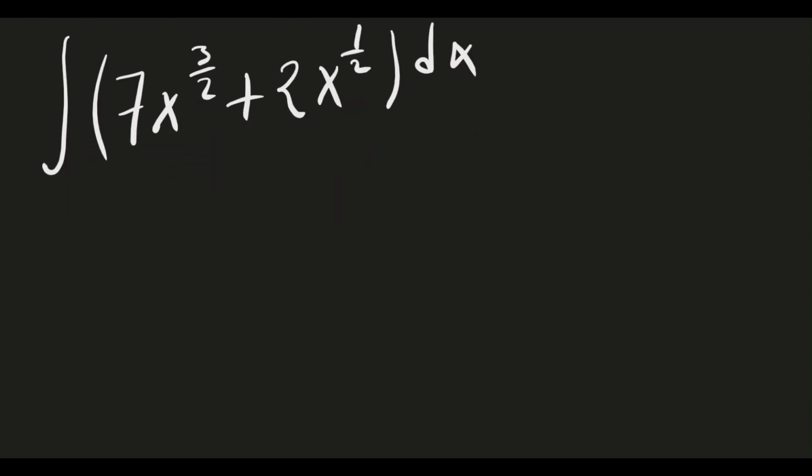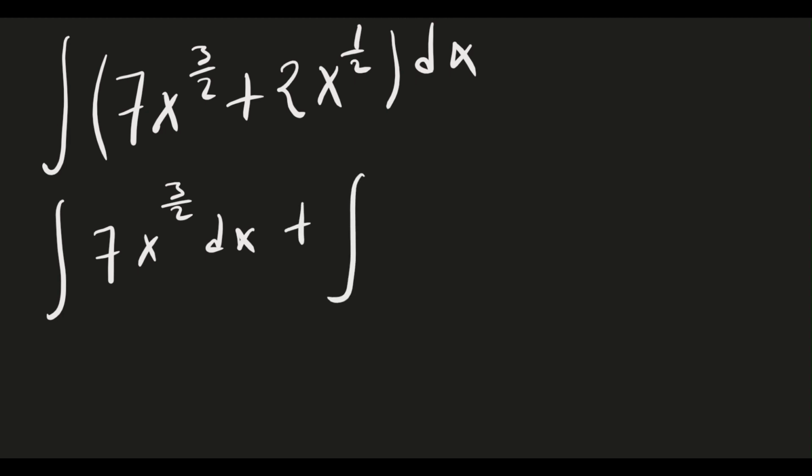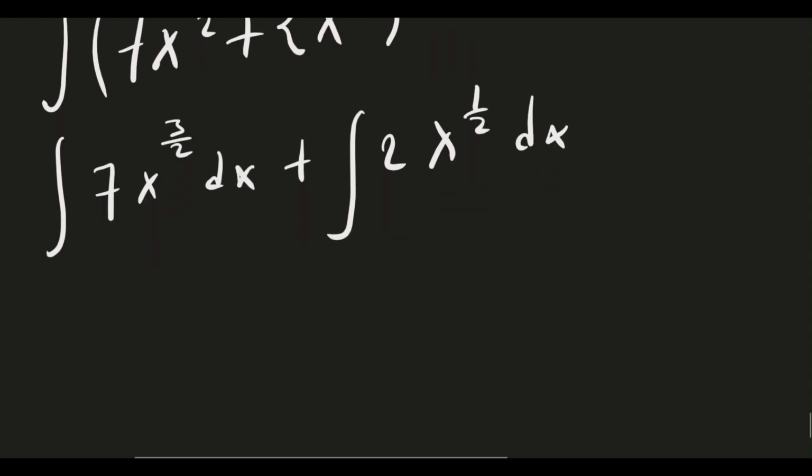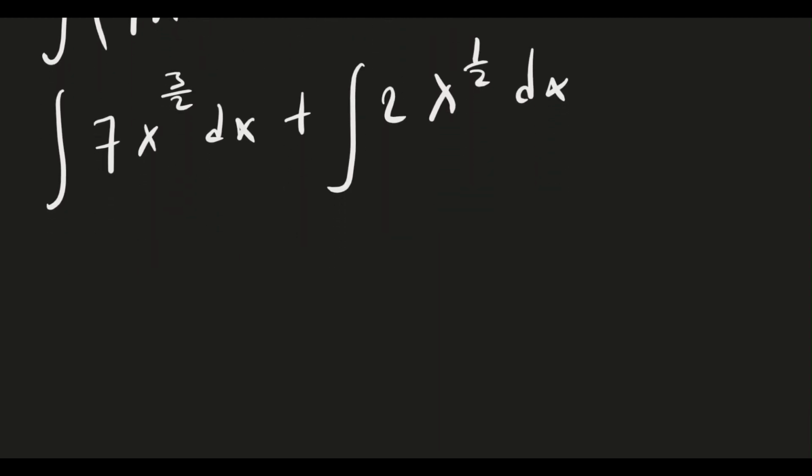Integrating this one, we can also separate it into separate integrals by writing it this way. The integral of 7x raised to the power of 3 over 2 dx plus the integral of 2x raised to the power of 1 over 2 dx. We can also apply the power rule on these two. We can bring this 7 across here, it's going to be the same.